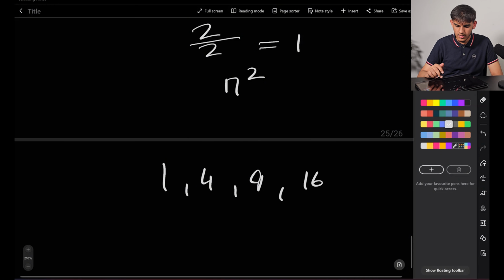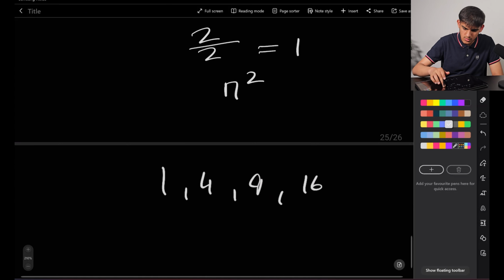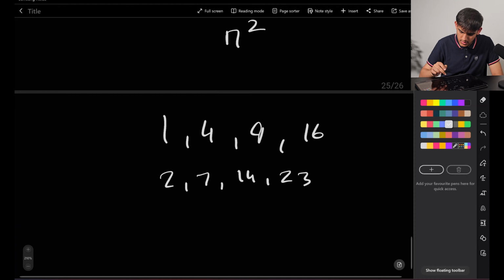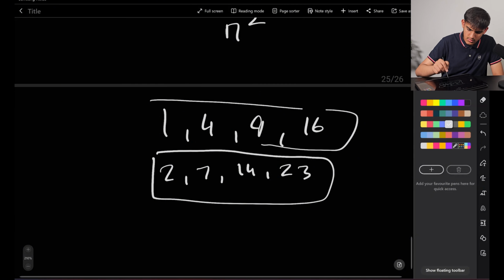So now we have to work out the difference between this and the original sequence of 2, 7, 14, 23. So this sequence, we're going to take away from this sequence.